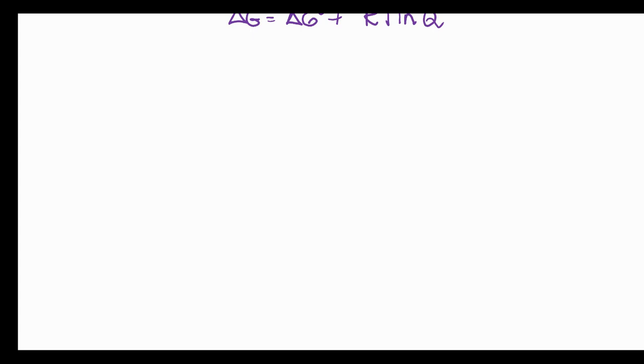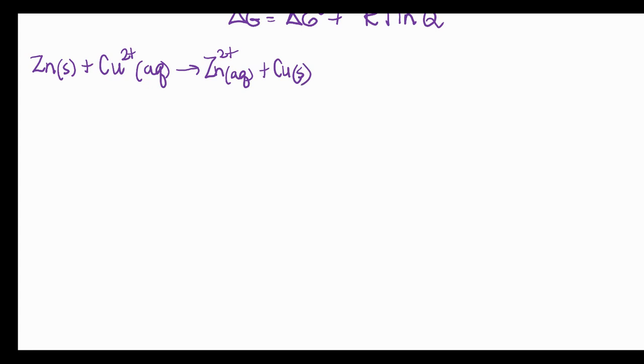Now, to make sense of this, what I want to do is talk to you about a very spontaneous reaction and put this into perspective. It's kind of going towards the next chapter, but that's good, I think. So that's the reaction of zinc reacting with copper 2 ion. You did a lot of this last semester in single replacement. If you drop a piece of zinc into a solution of copper 2, they will spontaneously react.